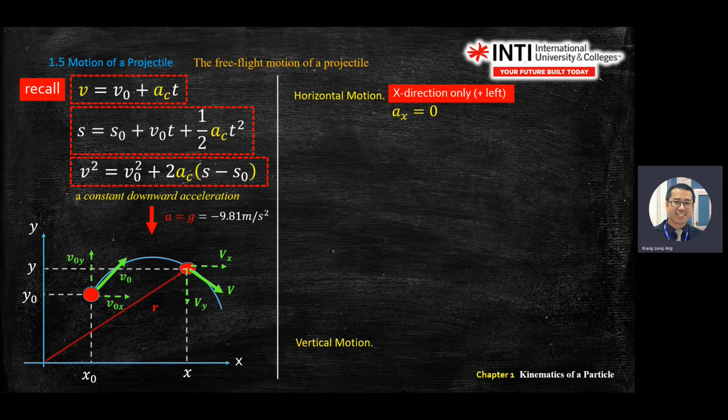What is the acceleration vector? 9.81. Negative, why negative? Going down. 90 degrees, right? This is AY. What is your AX?